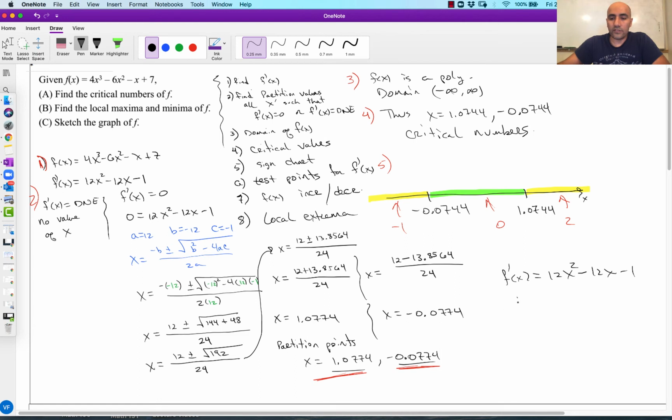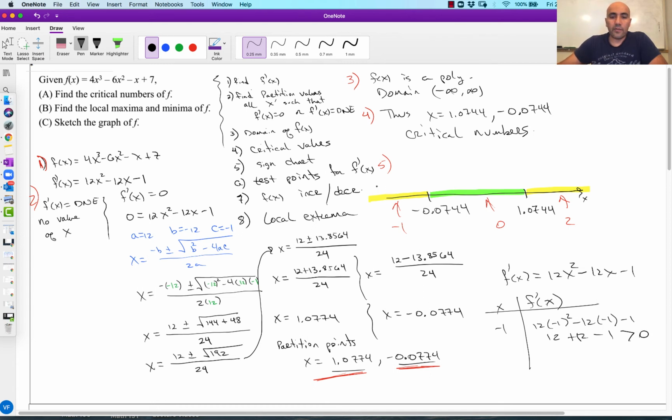So I'll maybe create a little table over here. f prime of x, x. And so we have -1. So when I put -1 into here, I'll get 12 times -1 squared minus 12 times -1 minus 1. And remember, all I really care about is whether it's going to be positive or negative. So this is going to be positive 12 plus 12 minus 1. Definitely greater than 0, a positive answer.